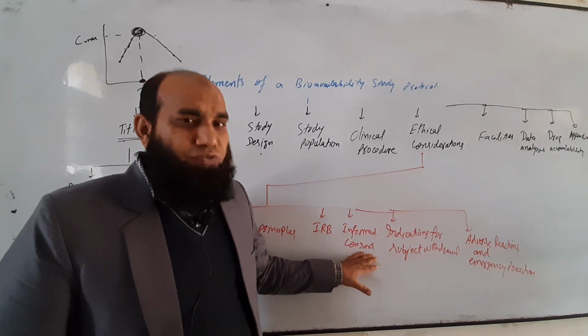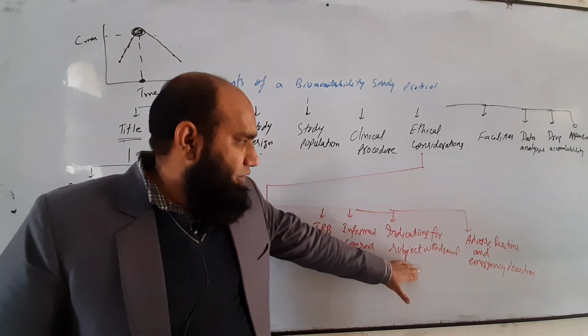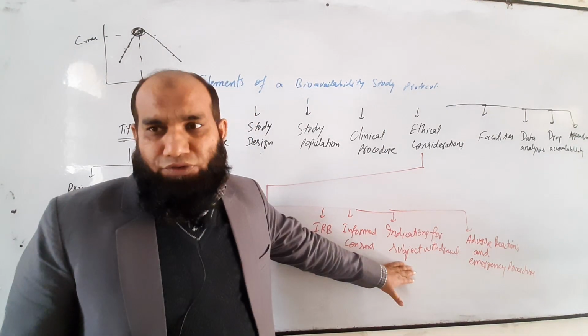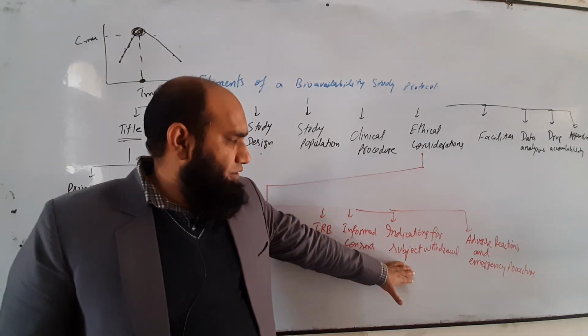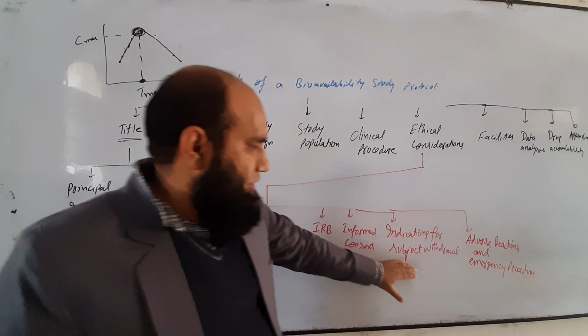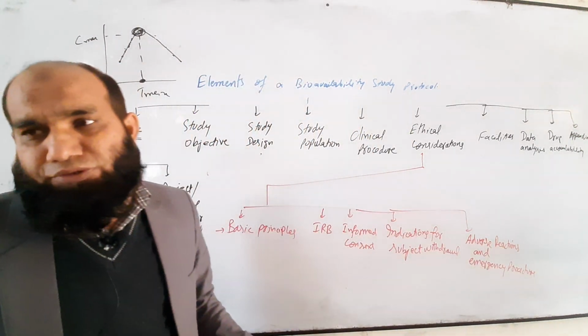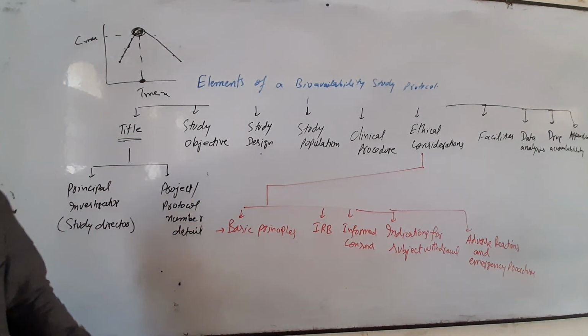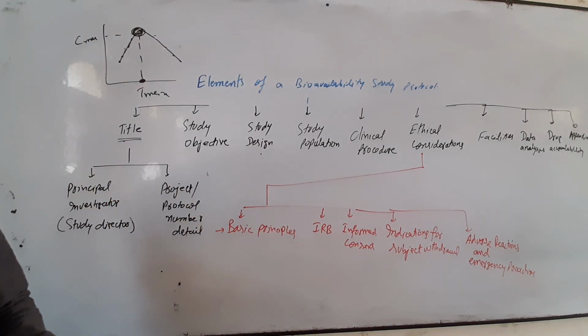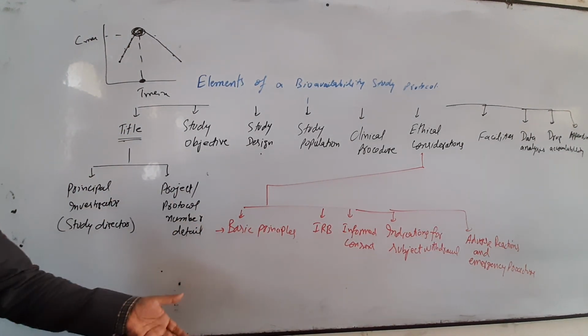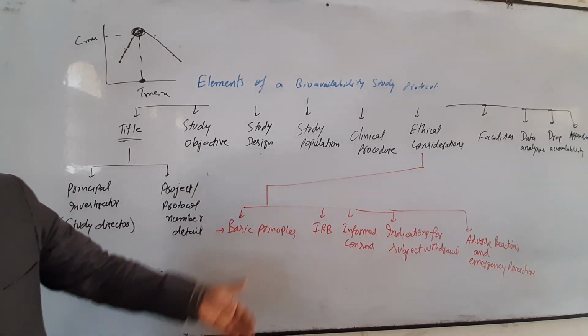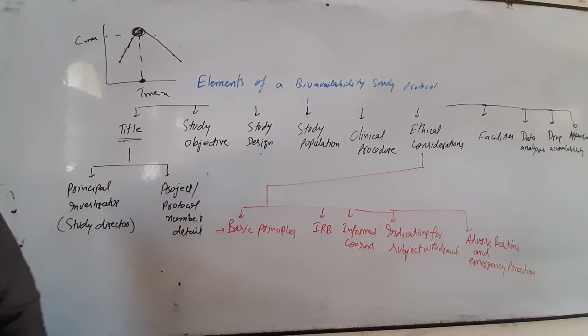They have taken the informed consent from the volunteers. They have told them the indications where subjects can withdraw during the study, what adverse effects they can observe, and what the way of emergency treatment is, when they are discussing this type of study.